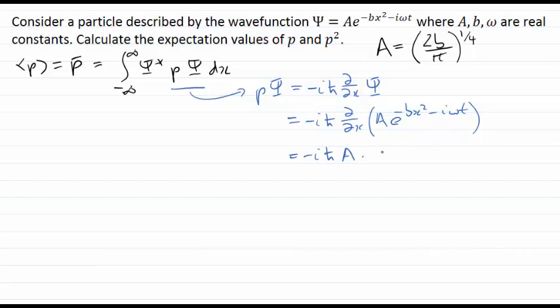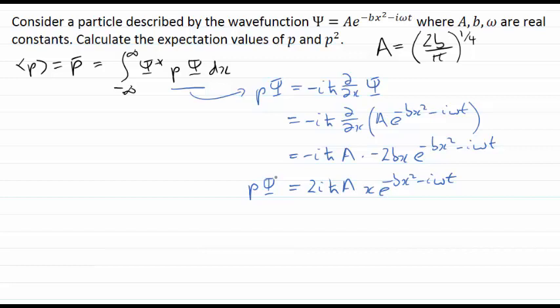In this case, that will be minus 2bx, and then we leave the exponential essentially unchanged, minus i omega t. And we can simplify this a little bit here. We're going to have 2i h bar A x e to the minus bx squared minus i omega t. That's what we write when we write down the momentum operator p acting on the wave function psi.